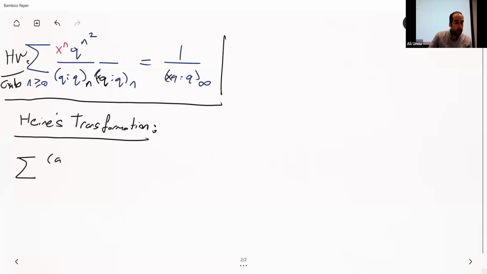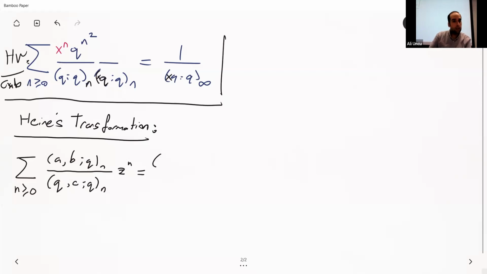You have (a; q)_n (b; q)_n divided by (q; q)_n (c; q)_n. So you start with two q-Pochhammers on the top and two q-Pochhammers on the bottom. And you still have this z to the n, one argument, one factor.